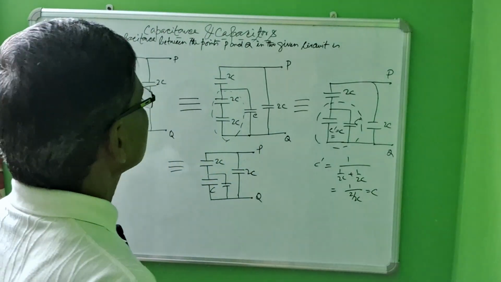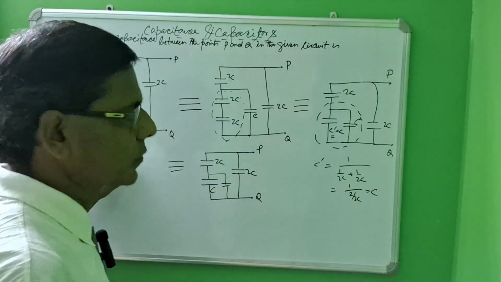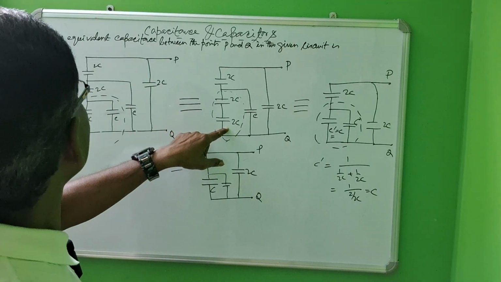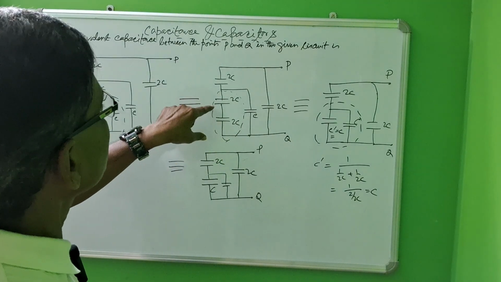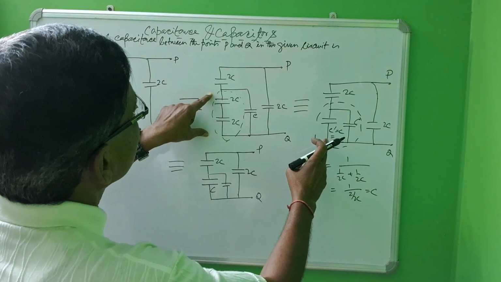First these two in parallel connection we get twice C. Now this twice C in series connection we get this.